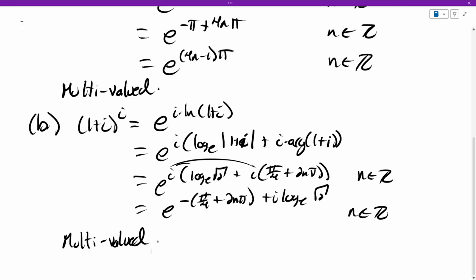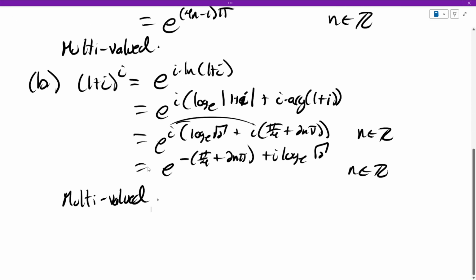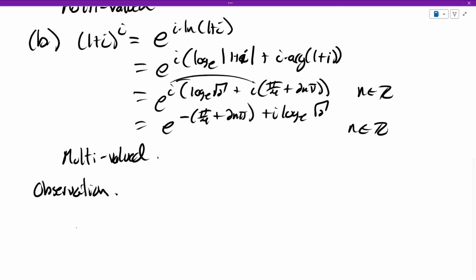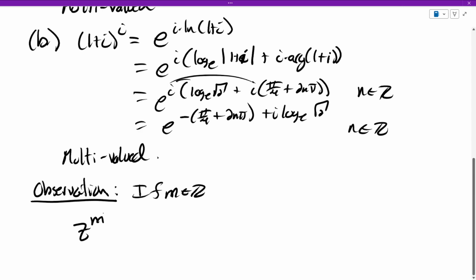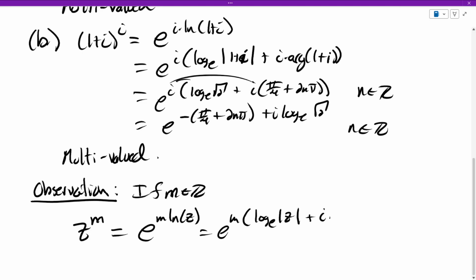Let's do one observation real quick. And the observation is when you raise a complex number to an integral power, let's use m because I'm going to use n in here in a second, then that should be e to the m log z, which is e to the m times log base e of z plus i arg z.